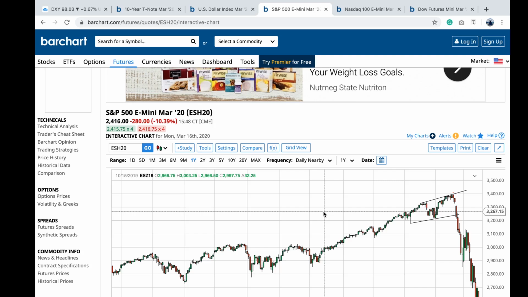So if S&P 500 is making higher highs, higher lows, that should be reflected in the Nasdaq and the Dow Jones. But now in a situation whereby S&P 500 is trading higher, Nasdaq is trading higher, and the Dow is trading lower, that indicates something is going on. Insider trading. Money is actually being moved away from one of the indices.